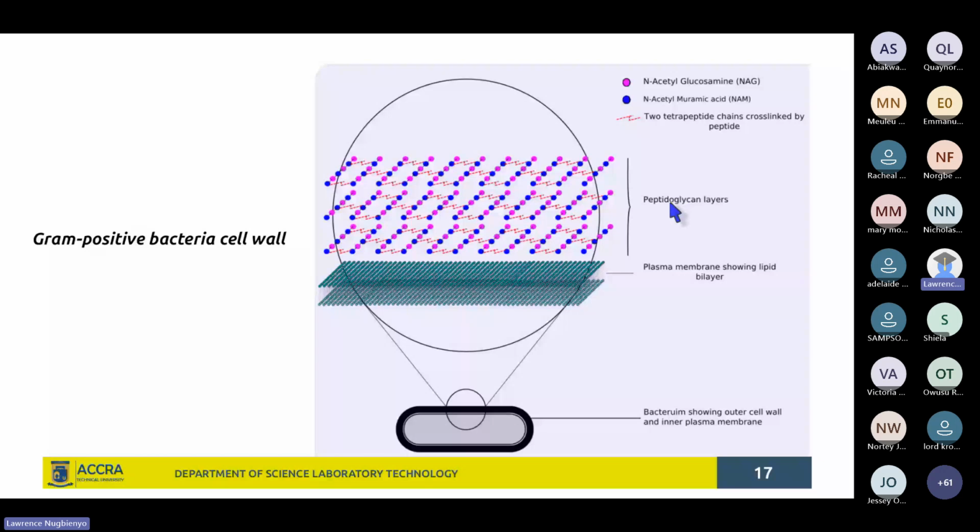Glycan is carbohydrate, so it tells you that you have peptides and some carbohydrates, these oligosaccharides, coming together to give you that structure, which is giving you the layer of the cell wall, giving protection to the cell membrane of the bacteria.